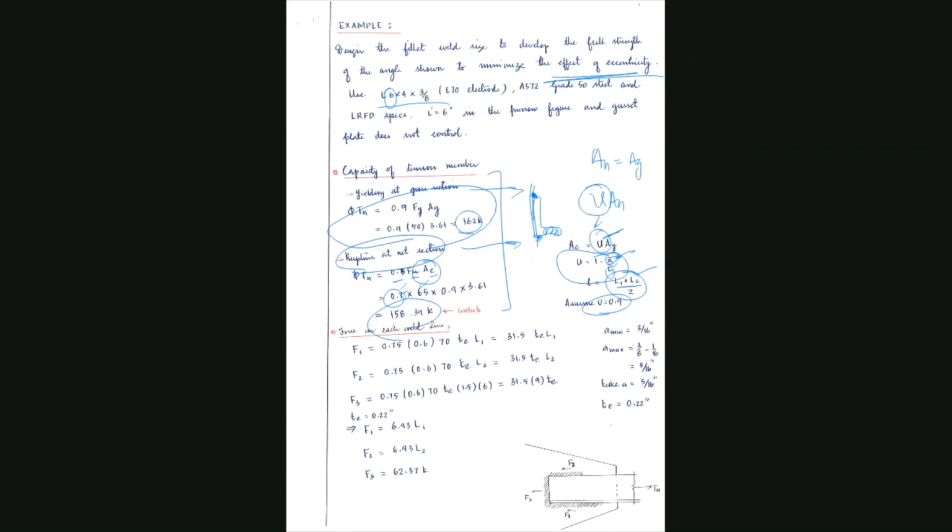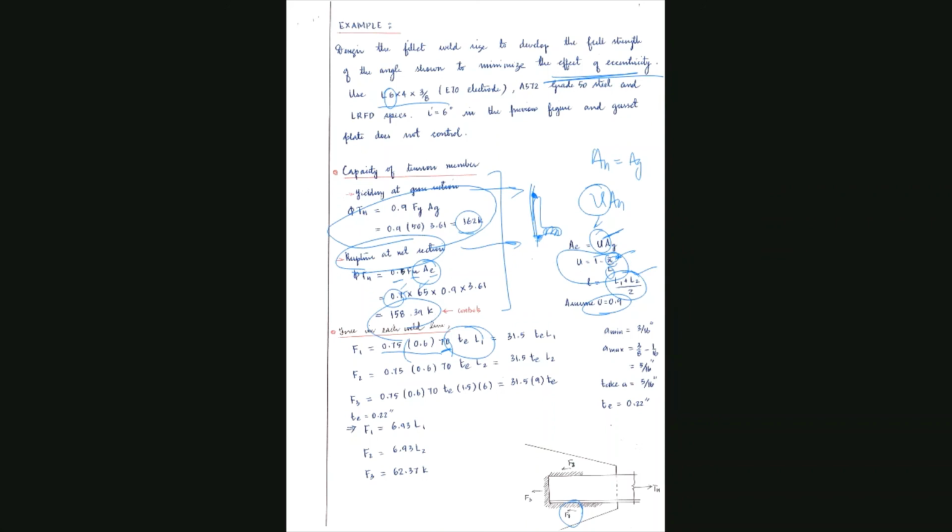So we go ahead to calculate a few values. If we calculate the value of F1, F1 is 0.75 times 0.6 FEXX, which is the strength of the weld, times the area, which is effective throat times the length.